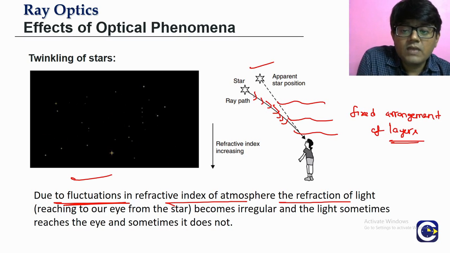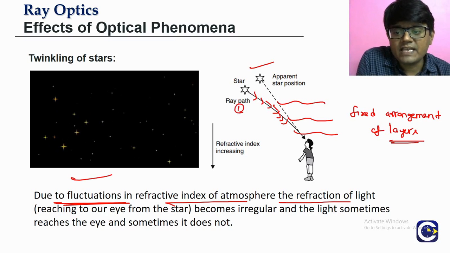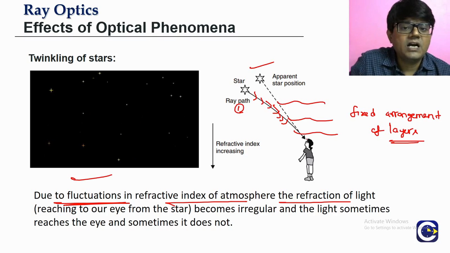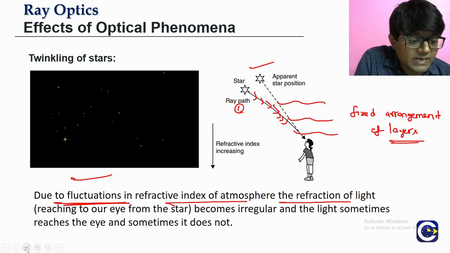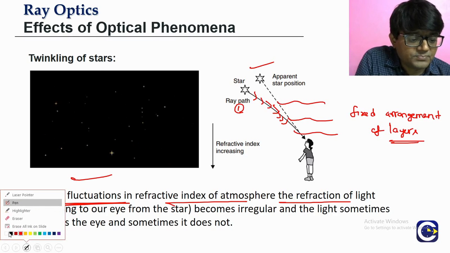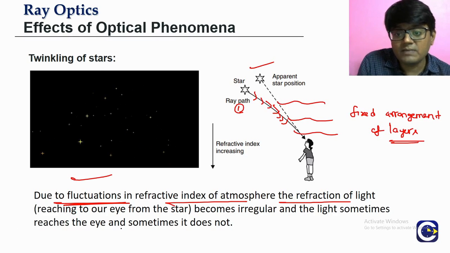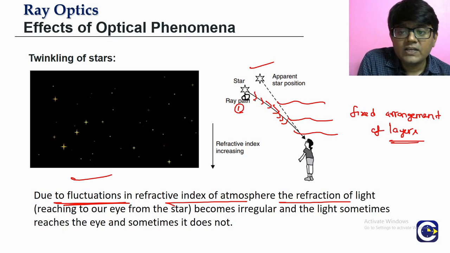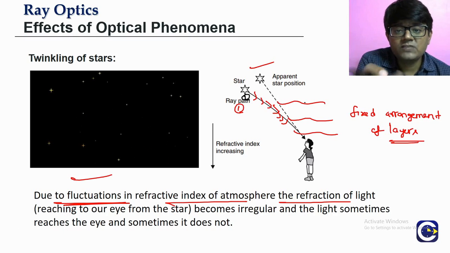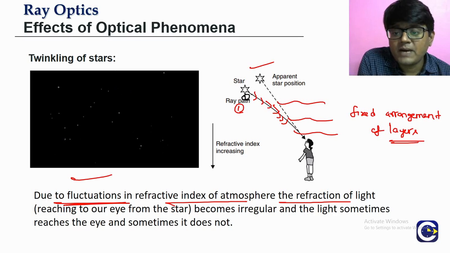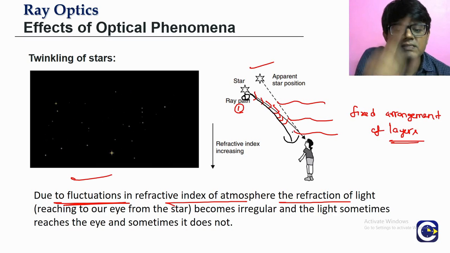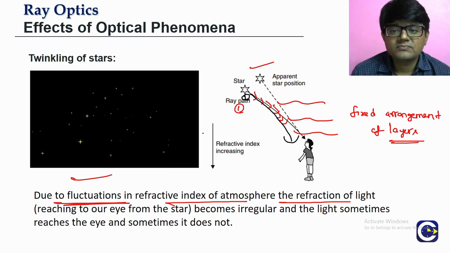When they keep changing, what happens? Say, for example, ray 1 is taking a particular path to reach the eye of the observer. But when ray 2 comes from the same star, since the composition of the atmosphere is fluctuating, it might not take the same path. It might take a different path, which means it will miss the eye.